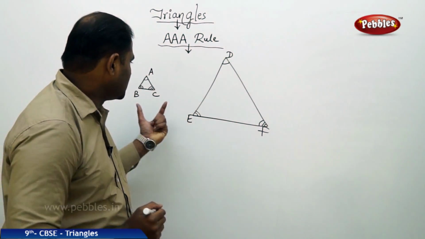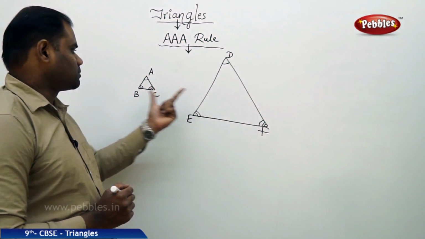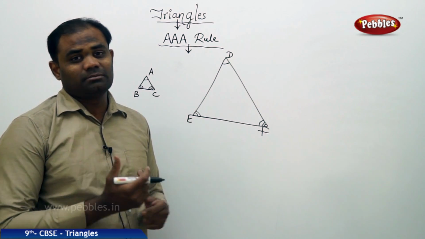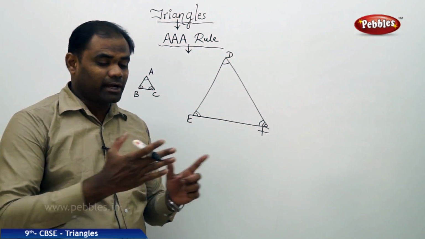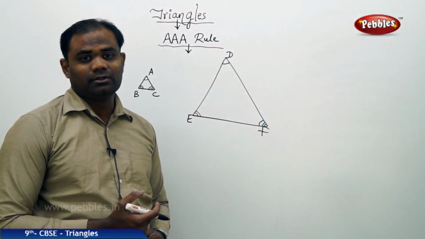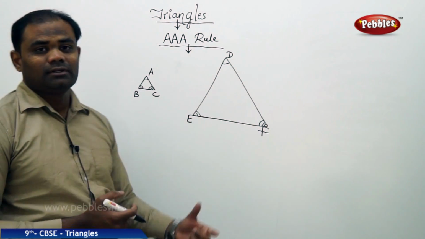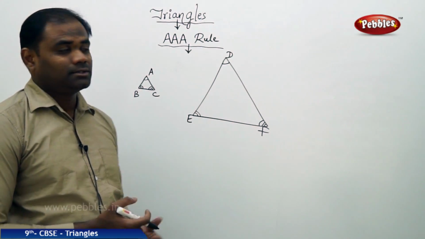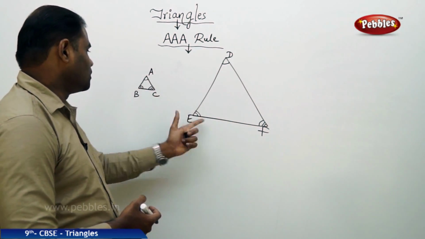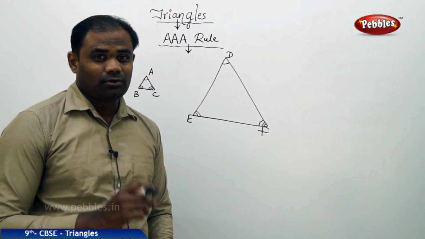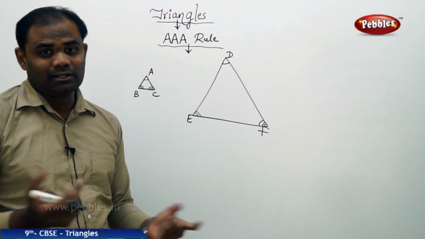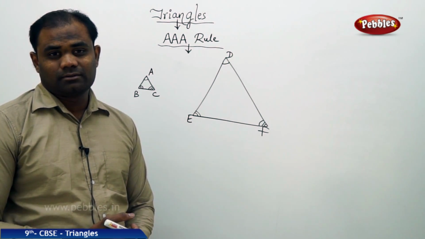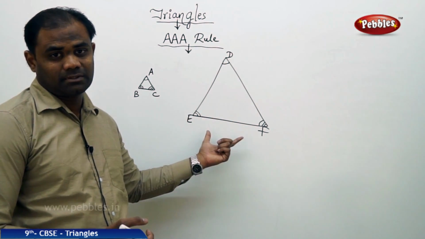We can clearly see that if the corresponding angles are equal, then the two triangles may not be of the same shape. We can just draw random triangles using a protractor and a ruler and check if we can have the same angles and different sizes of the triangles. Just like here, the angles are equal, but the triangles are not of the same shape, clearly indicating that these two can never be congruent, never be equal in all respects.